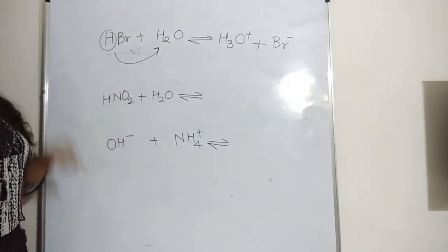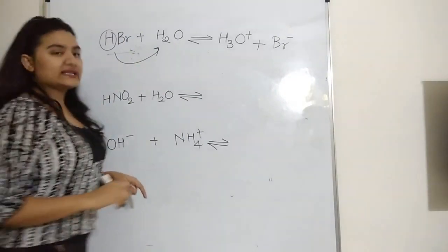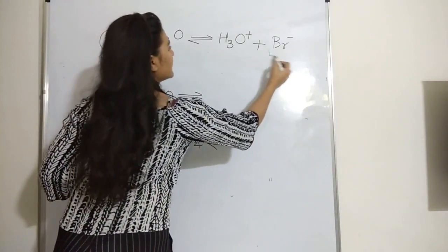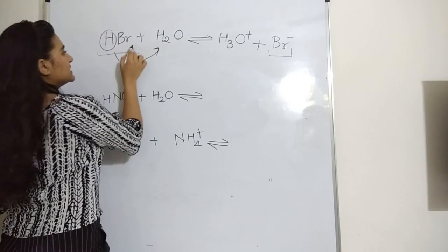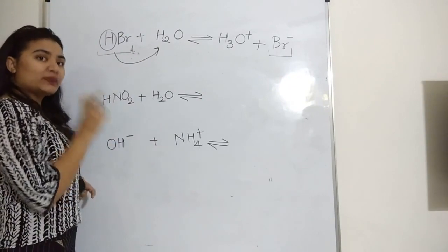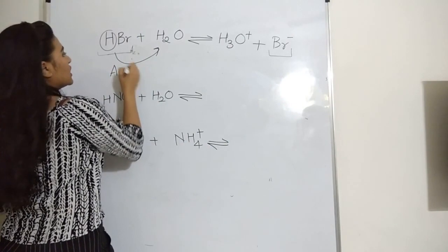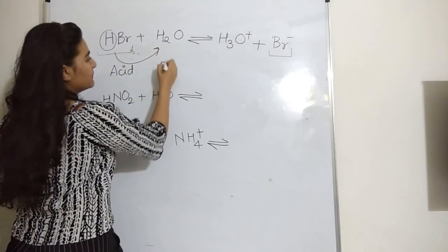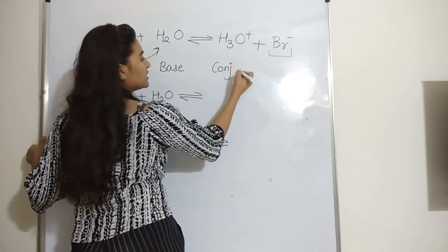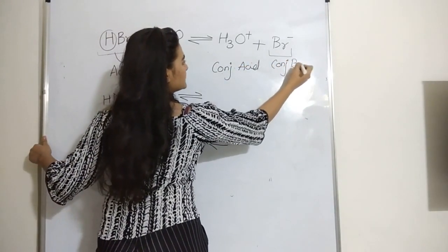Okay, so Br minus is the conjugate base and H3O plus is the conjugate acid. और if I look back at it तो क्या होगा, जो ये conjugate base है उसका acid ये है HBr, क्योंकि इसने प्रोटॉन दे दिया है. ओके, और जो प्रोटॉन दे देता है फिर जो बचता है Br minus, that will be your conjugate base. So this is acid. Over here water is acting as a base. This is my conjugate acid, and this is conjugate base.